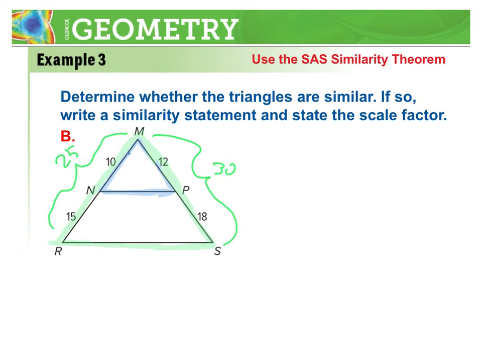Angle M is the included angle for triangle MNP, and angle M is also the included angle for triangle MRS. So we want to set up our proportion of MN to MR, because MN is the shorter side of triangle MNP and MR is the shorter side of triangle MRS. So the ratio of MN to MR is proportional to what ratio?